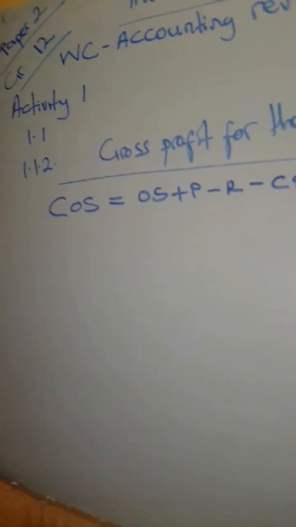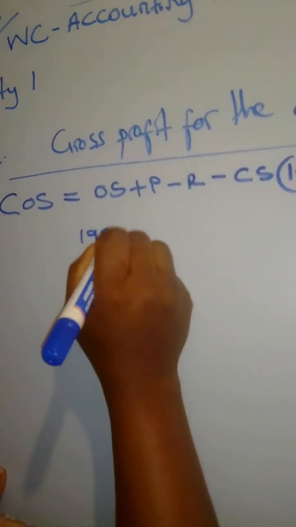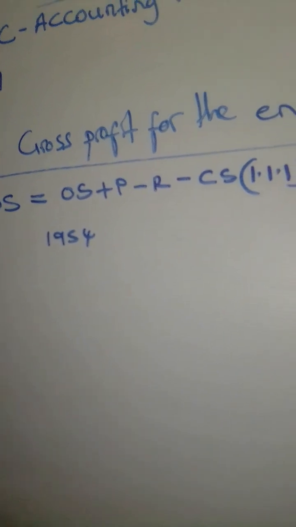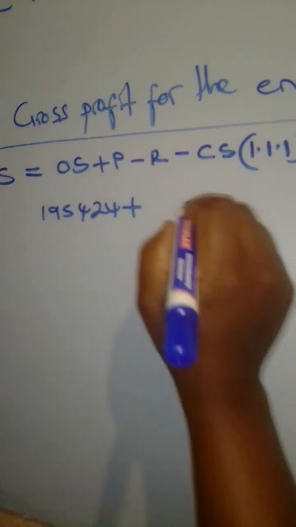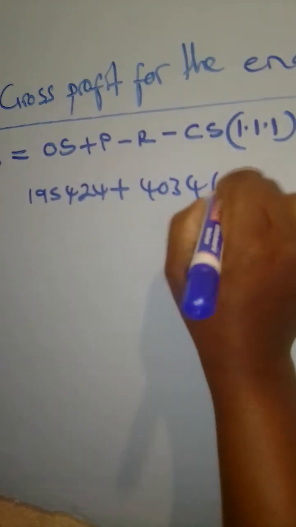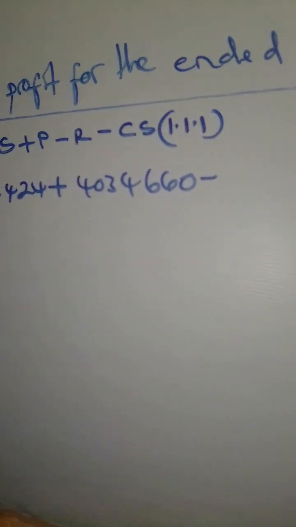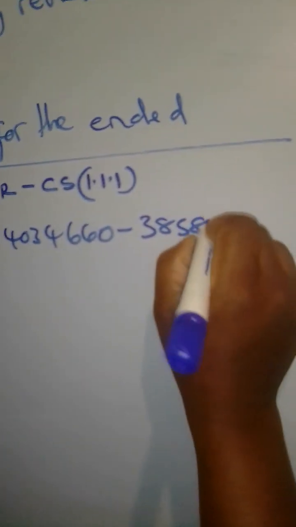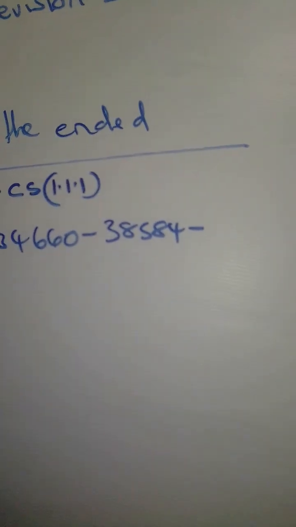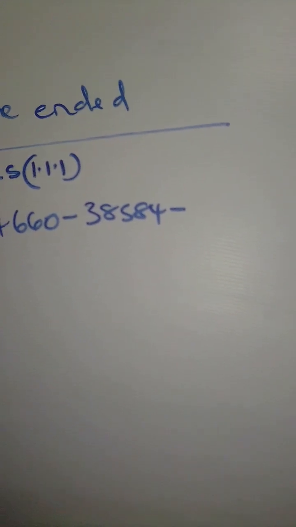Okay, fine. Now I'm going to substitute. The opening stock is 195,424 plus the purchases amounted to 4,034,660, and then minus the returns were 38,584, and then we are also going to minus the closing stock that we calculated in 1.1.1.